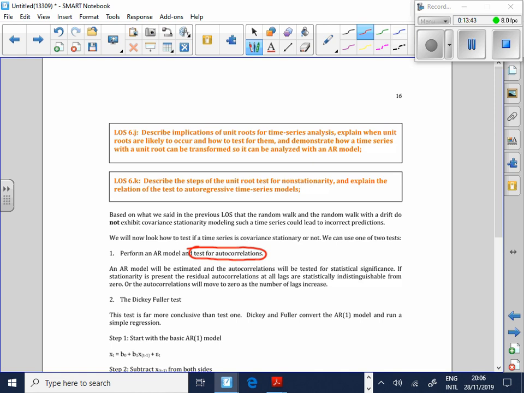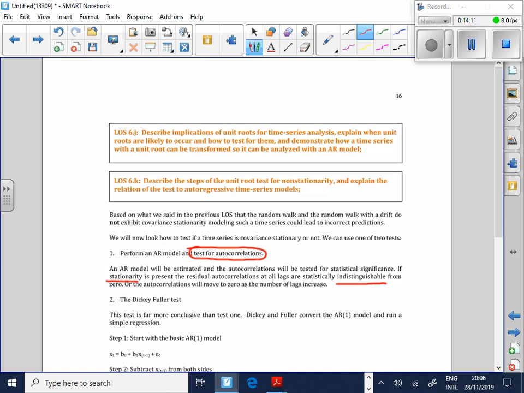Step one, guys, run a model. Step two, test that AR model for autocorrelation. If stationarity is present, then what would we say? All of my lags that I'm testing are statistically indistinguishable from zero.